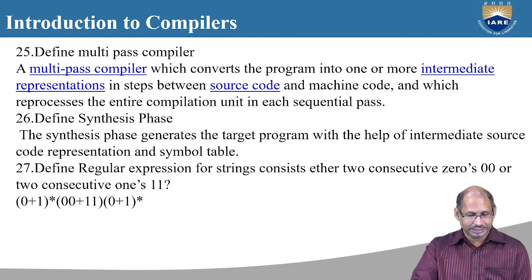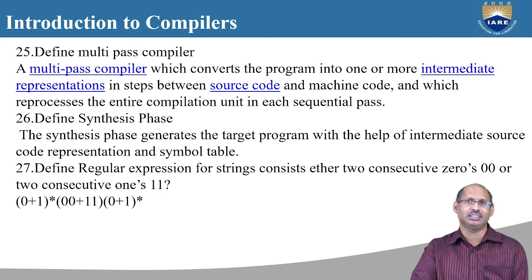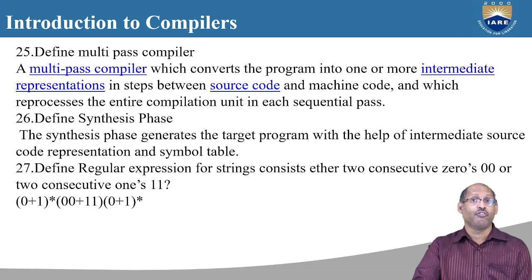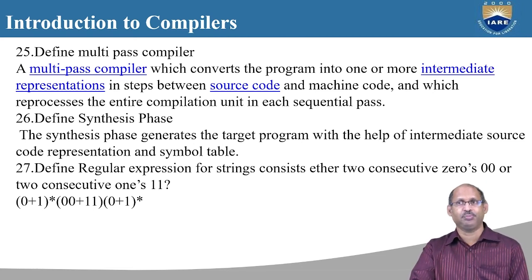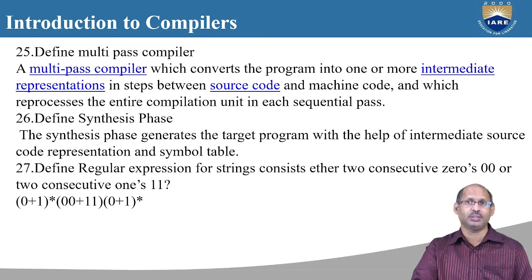Define synthesis phase. The synthesis phase generates the target program with the help of intermediate source code representation and symbol table. Right? Synthesis phase will generate the target program with the help of intermediate source code representation and symbol tables. Define regular expression.